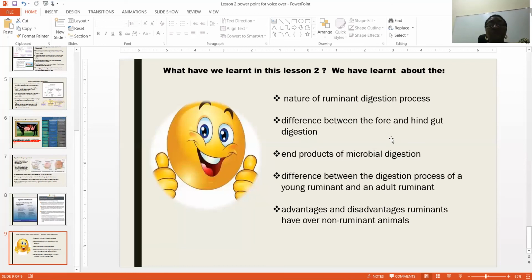We have talked about the end products of this digestion process, and also about the differences between the digestion process of a young ruminant and an adult ruminant. Finally, we talked about the advantages and disadvantages of this digestion process.